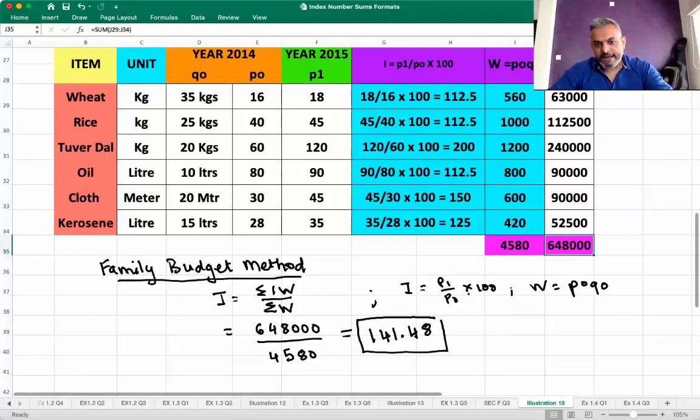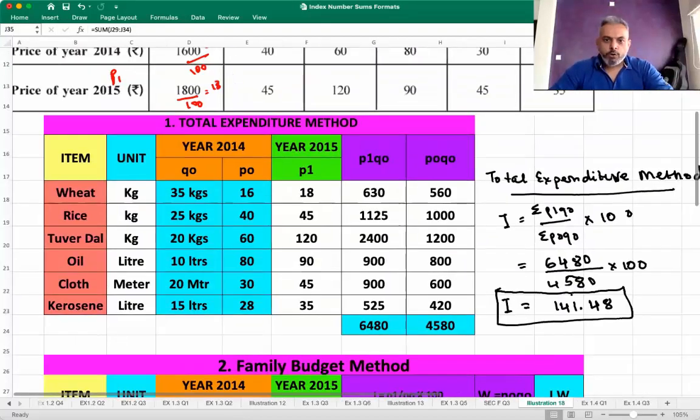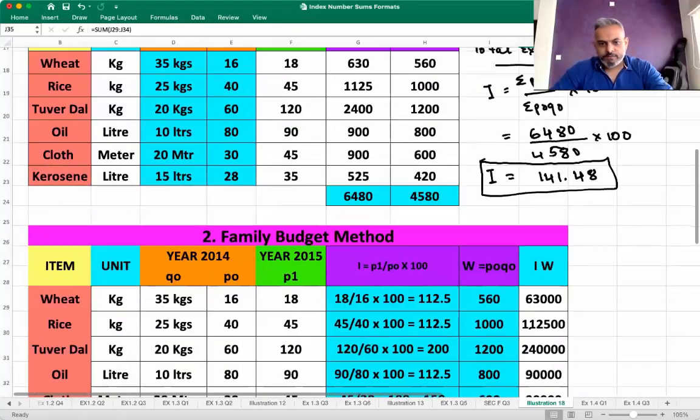So you can see that the answer is the same using both the methods.